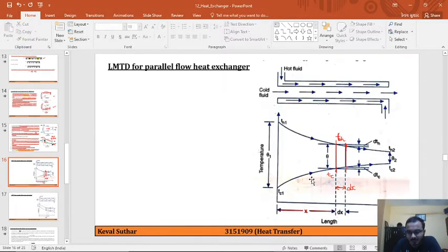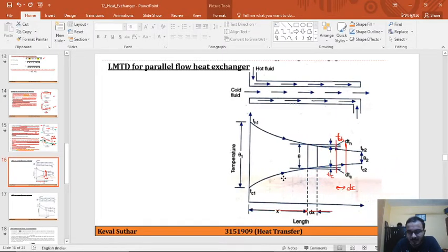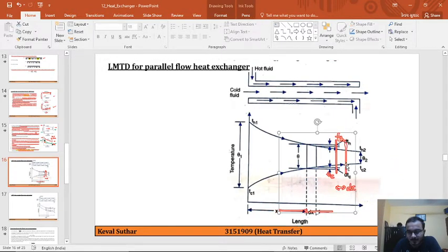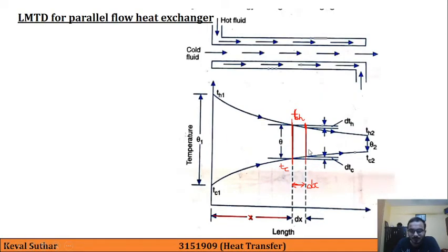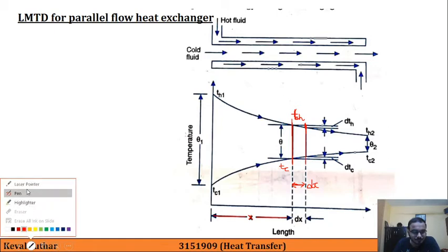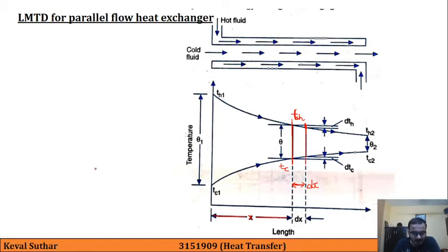If the figure is not visible to you, then let me move it slightly over here. I hope now it will be visible to you on the full screen. So now we have assumed that temperature here is TH and temperature here is TC, and while exiting this small element, the variation which is happening in hot fluid is dTH and variation which is happening on cold fluid is dTC.